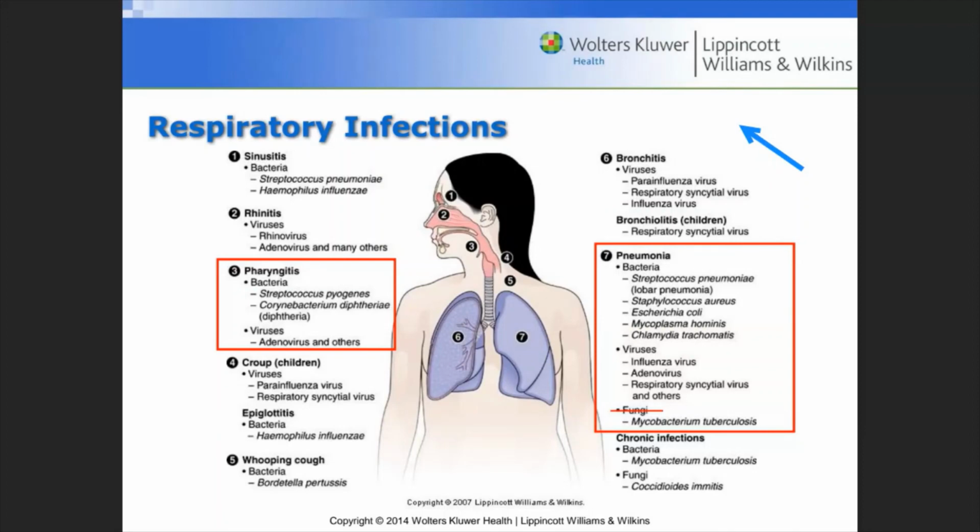In pharyngitis, which is basically infection of the pharynx, there are Streptococcus, Corynebacterium diphtheriae, which you can certainly get vaccinated for now, and Adenovirus, very important for pharyngitis. Croup in children or epiglottitis is Haemophilus influenzae. Certainly they cause that. I expect you to know all of them, but I want you to focus on what is in the red box.